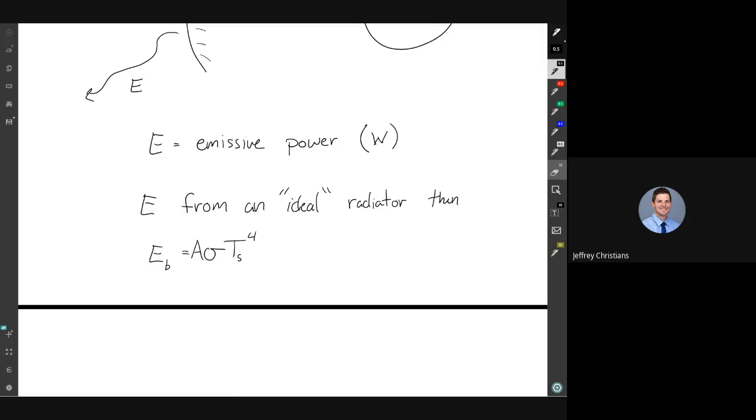So what would be an ideal absorber? It means it absorbs all of the light. What does that look like to your eye? What color is it? It's black. So what would be an ideal emitter? What color would it be? Black. Still black. It's the same thing. If absorption works really, really well, emission also works really, really well.